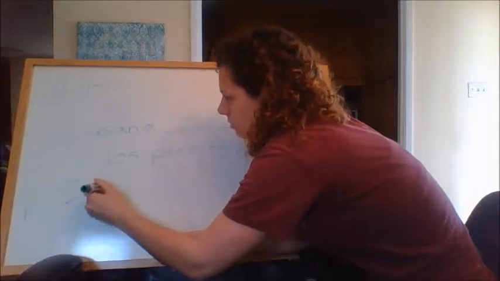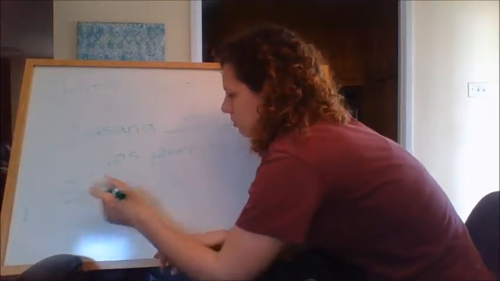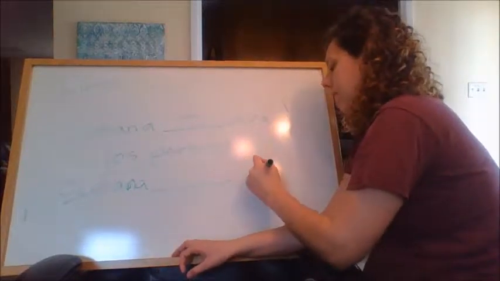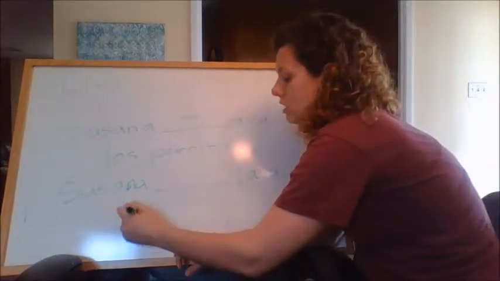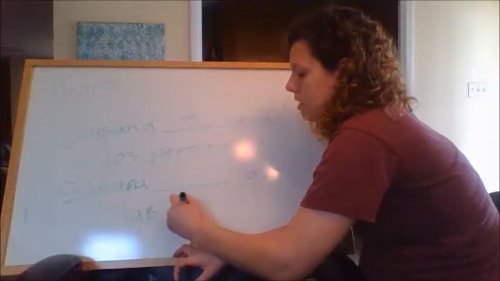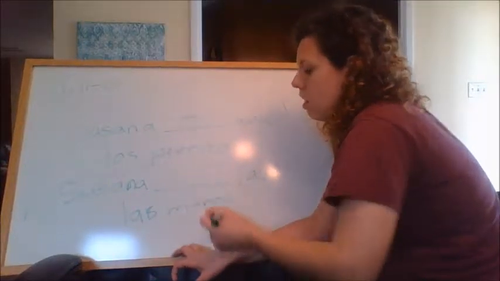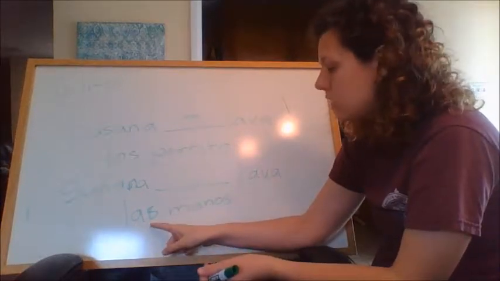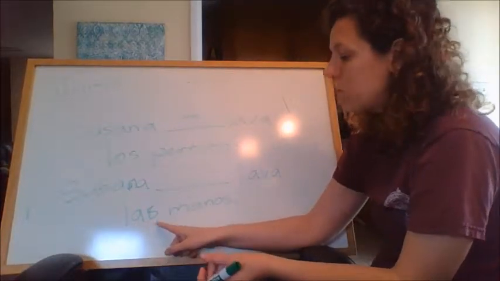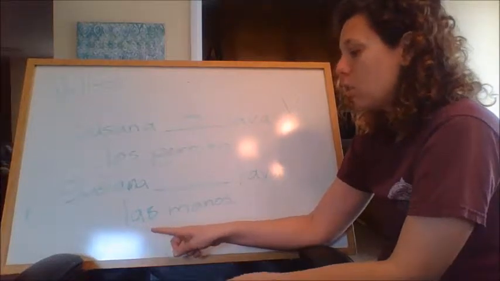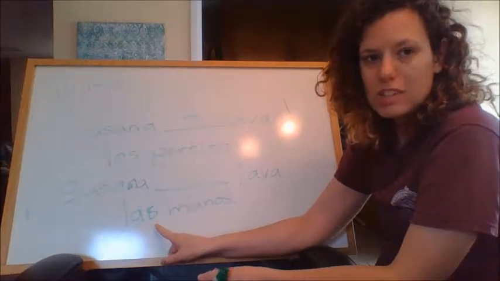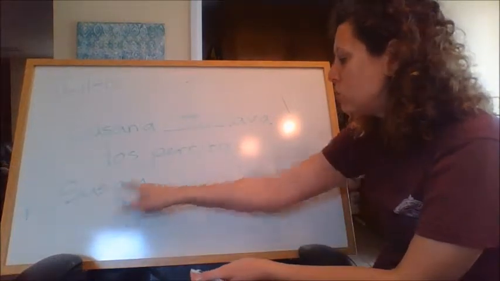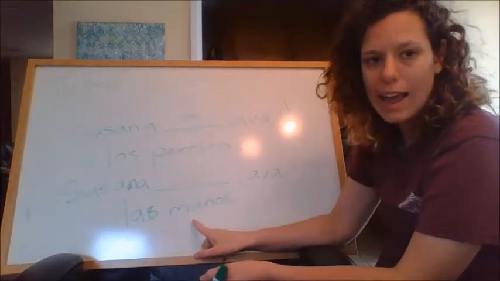If Susana se lava las manos, okay? We know that in a reflexive construction, we don't say sus manos or tus manos or nuestros manos. We say las manos because it's redundant, okay? So las manos indicates that Susan is washing her own hands.